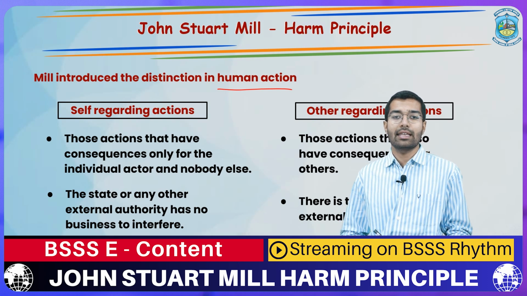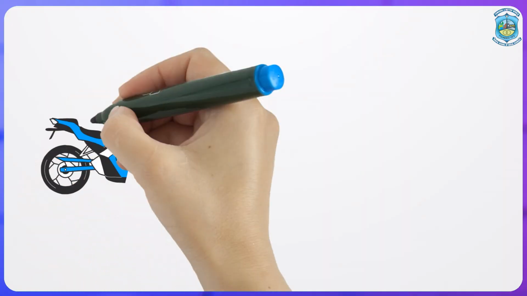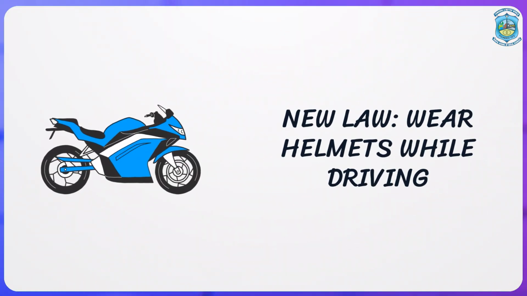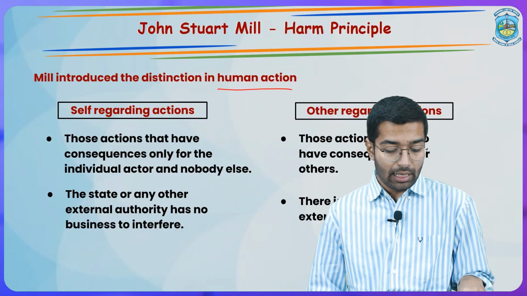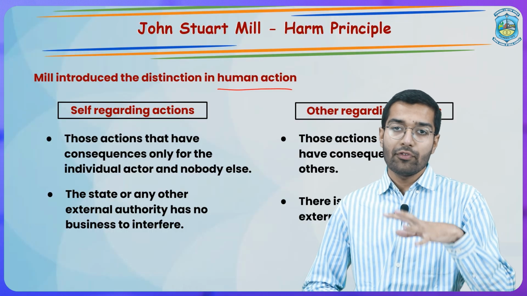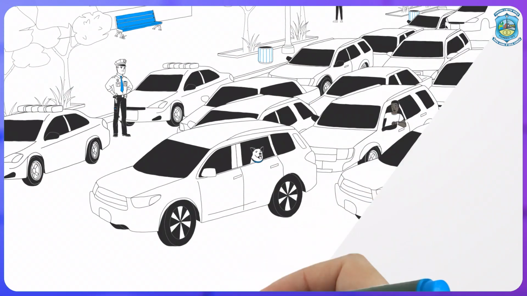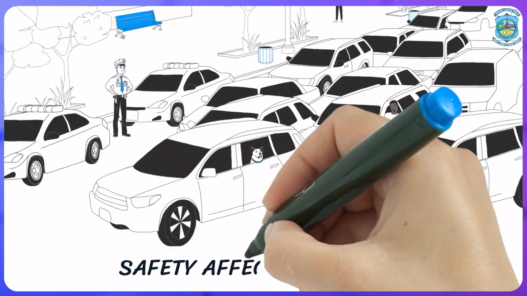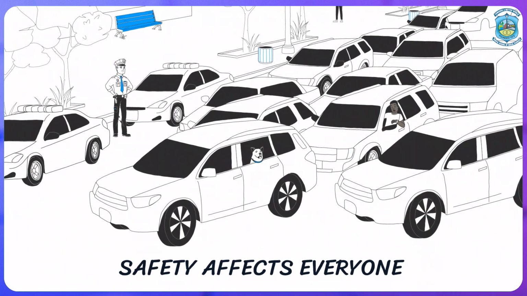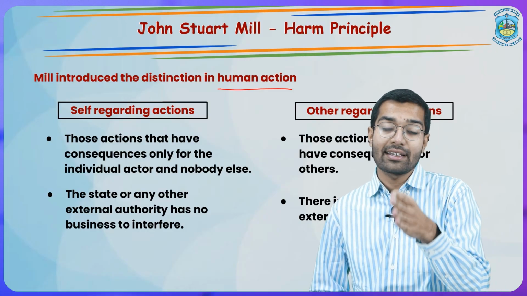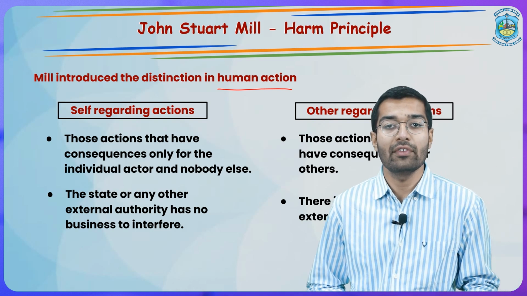Now here let us take an example. Suppose the government comes up with a law that while you are driving, you have to wear your helmet. The government comes with this law because if by chance you have an accident, it will not only harm you, it will also affect the other person. You will have an injury, but at the same time the other person will also have an injury.